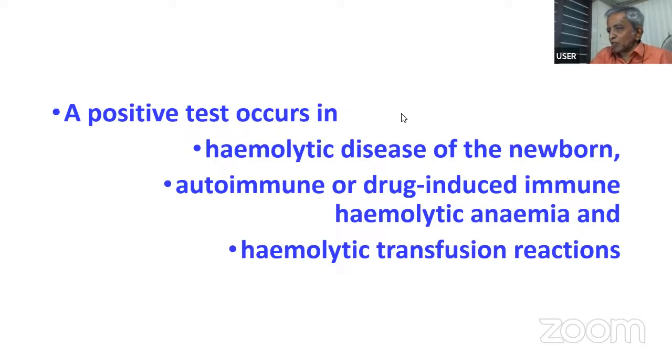Yes, I understand the pre-zone and post-zone phenomenon. Whether it is operating here, I am not sure. In the three or four hematology books I read, it is not mentioned, though it may be possible. With any antibody, antigen excess or antibody excess produces solubilization of the complex, and you call it the pre-zone and post-zone phenomenon. I understand that for other antibodies, but here I have not read it.